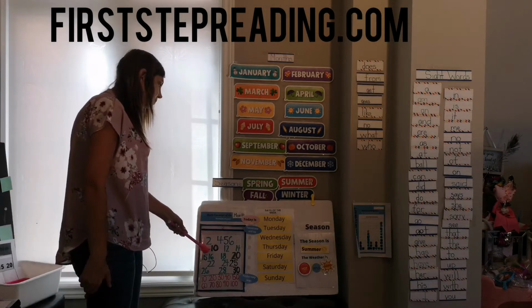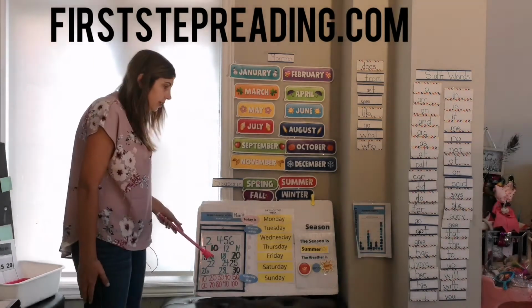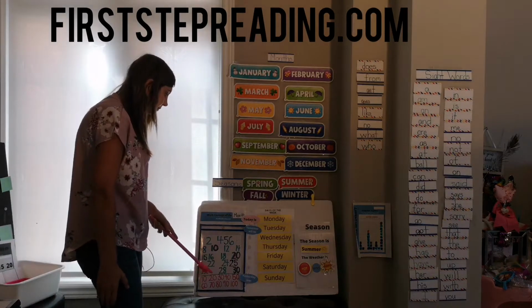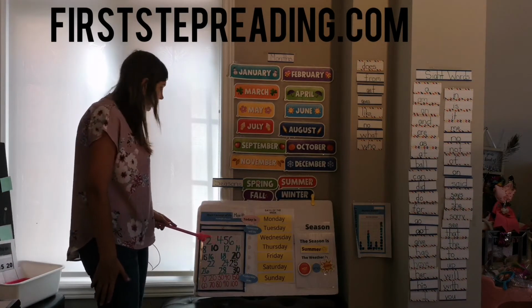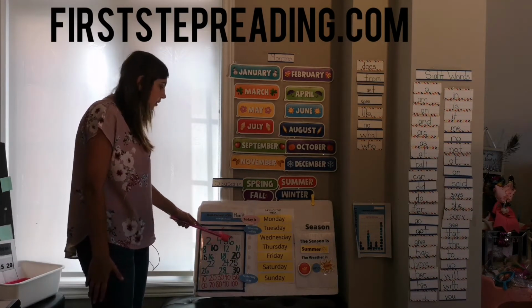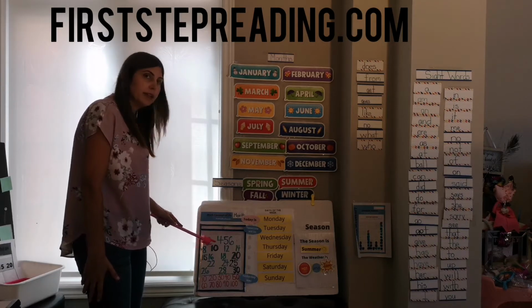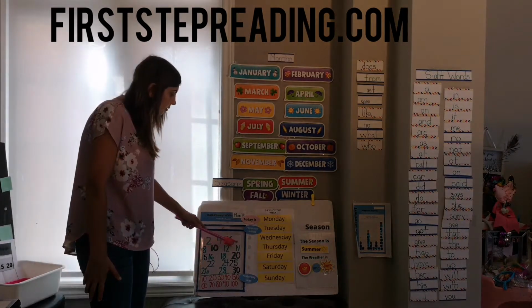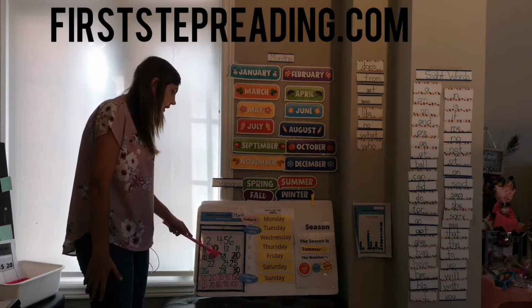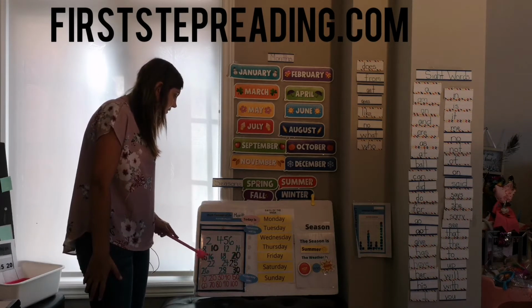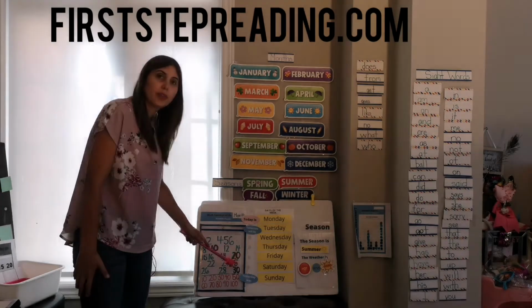If it's in green, black, and red, you still say it because it's in green, right? So let's get started. 2, 4, 6, 8, 10, 12, 14, 16, 18, 20, 22, 24, 26, 28, 30.